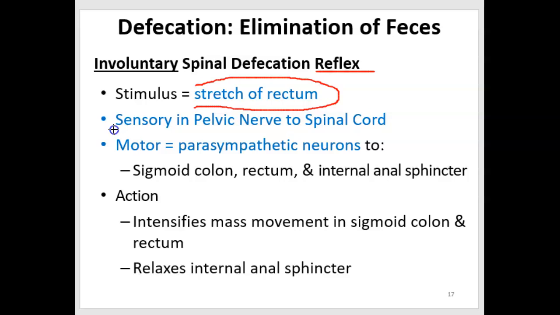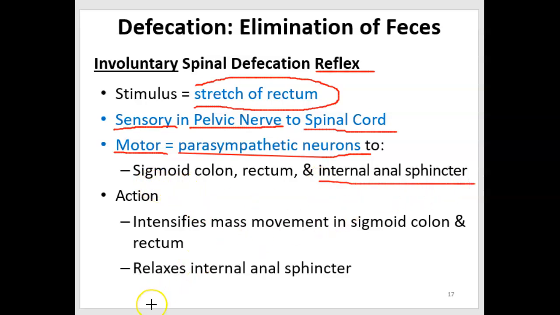And this neuron's a sensory neuron located in the pelvic nerve, and it sends the signal to the spinal cord. Once it reaches the spinal cord, that neuron synapses on a motor neuron, which is a parasympathetic neuron. And the parasympathetic neuron travels to the sigmoid colon, the rectum, and the internal anal sphincter.